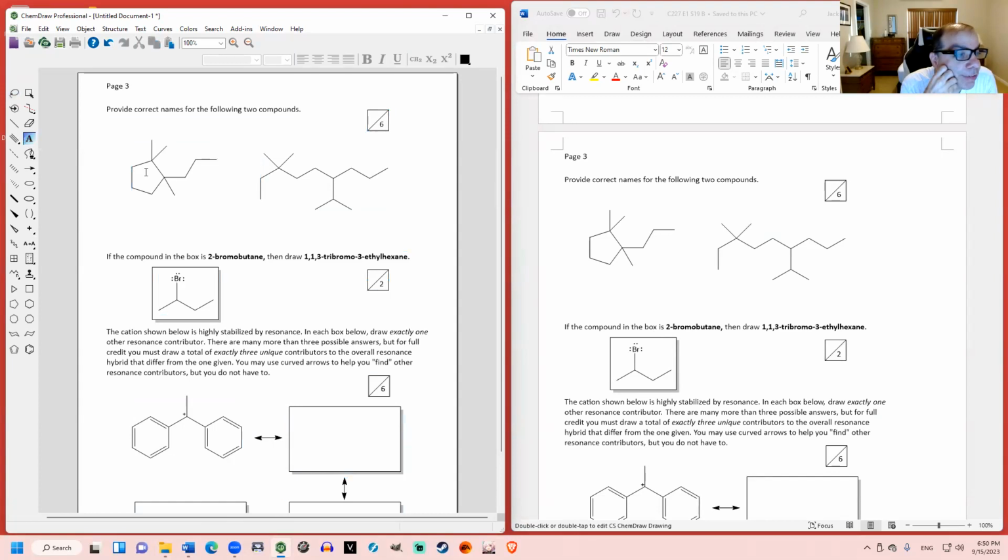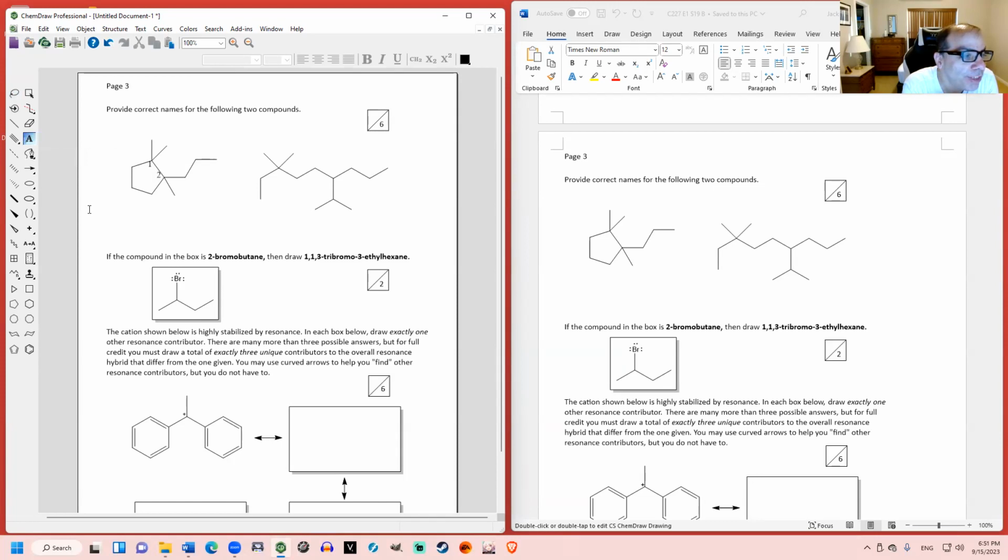Next, we need to name these compounds. This one is going to be named as a cyclopentane. The methyl groups take priority over the propyl group. So there's 2 methyl groups on carbon 1 and 1 methyl group on carbon 2. So carbons 1, 1, and 2 have methyl groups, and then there's a propyl group on carbon 2.